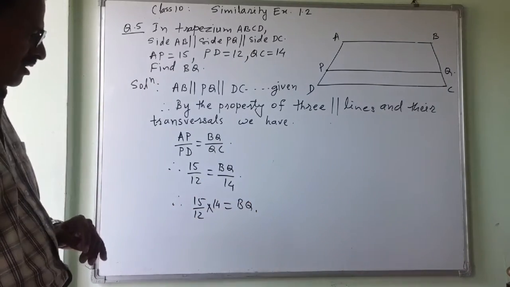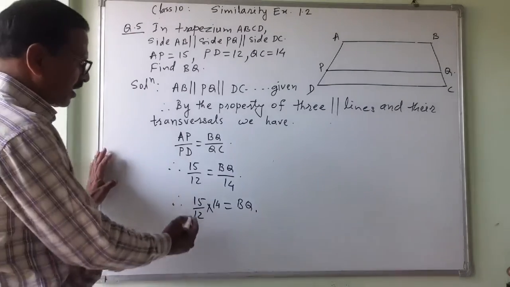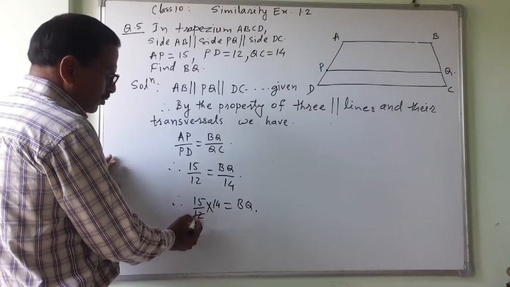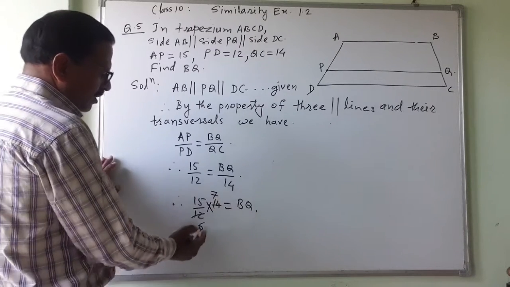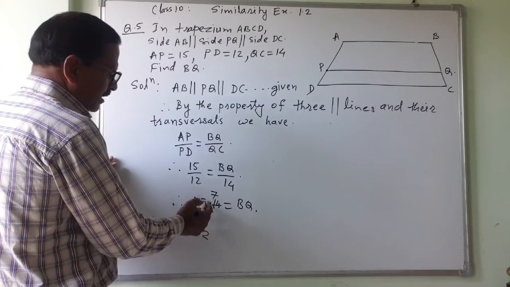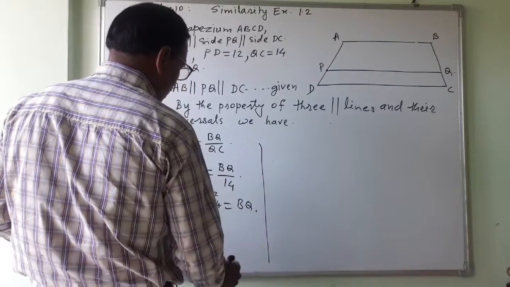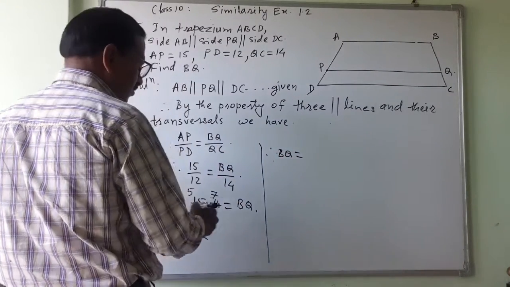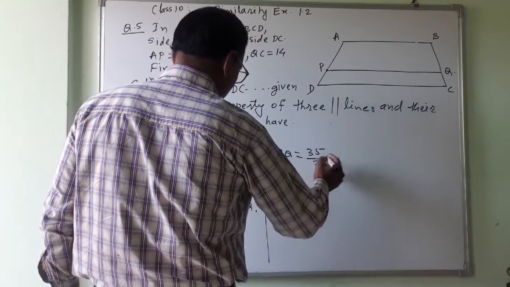Now, many students have the habit of multiplying this. Why to multiply? These are already the factors. So, just divide. 2 6 are 12, 2 7 are 14, 3 2 are 6 and 3 5 are 15. Therefore, BQ equal to 7 5 are 35 upon 2.